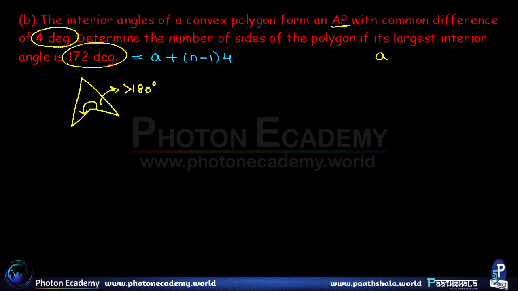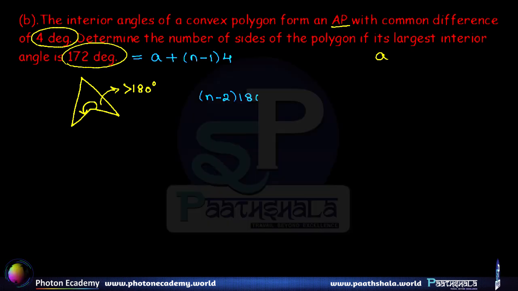Okay. Again using the same principle we used in the last sum, n by 2 into 180 is the sum of all of the interior angles, and this will be equal to the summation of the AP. So that is n by 2, then we have 2a plus n minus 1 into 4.